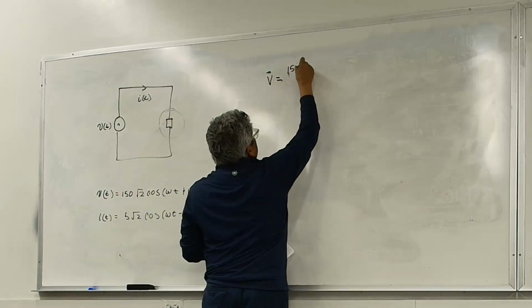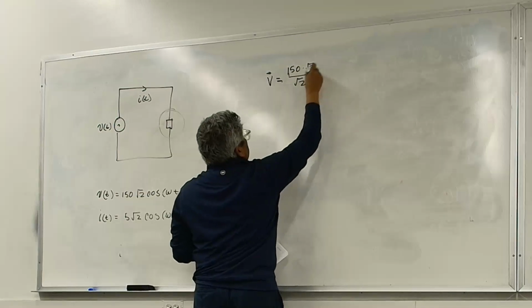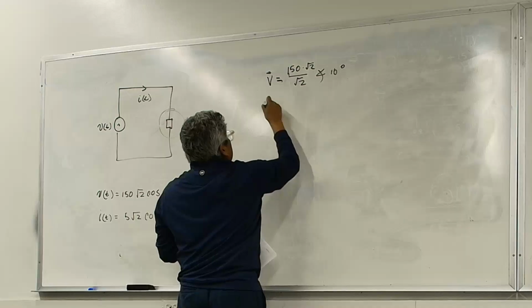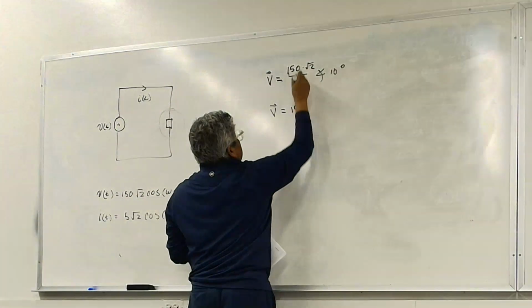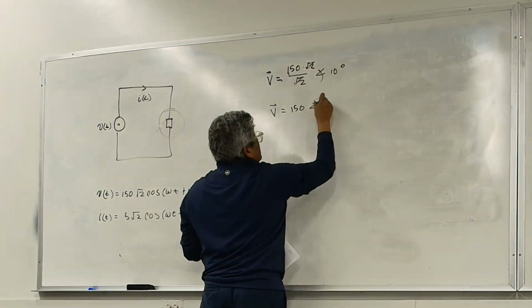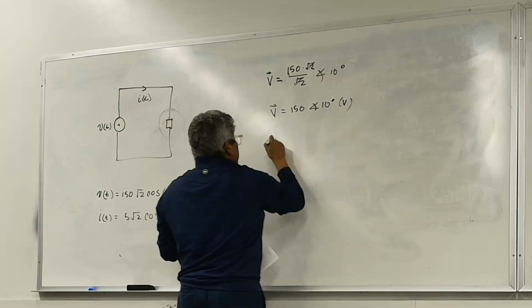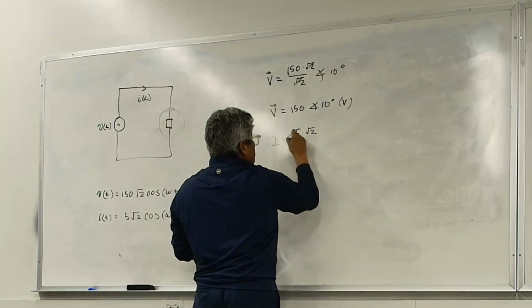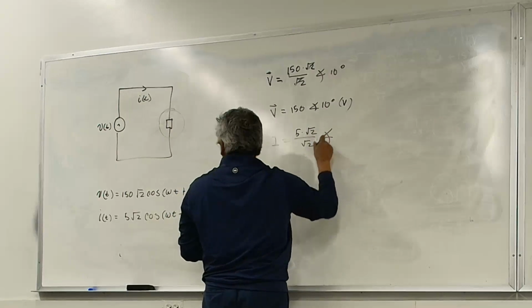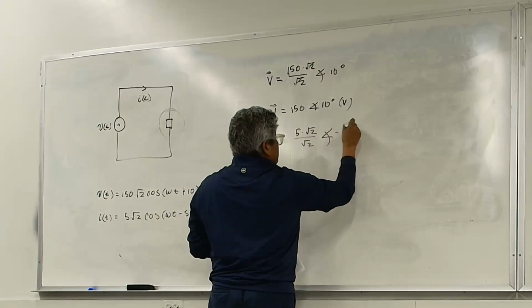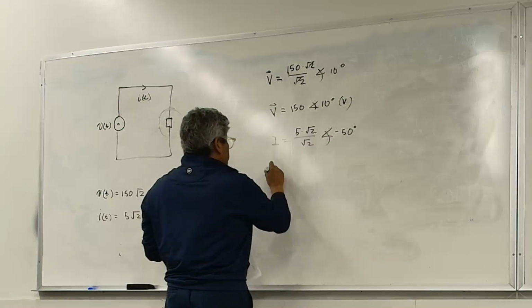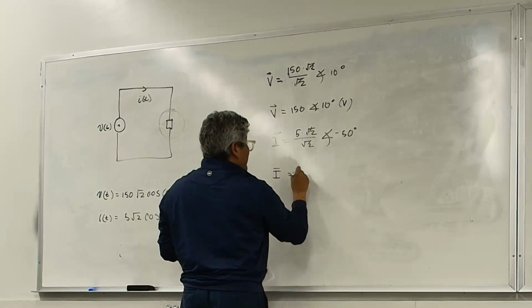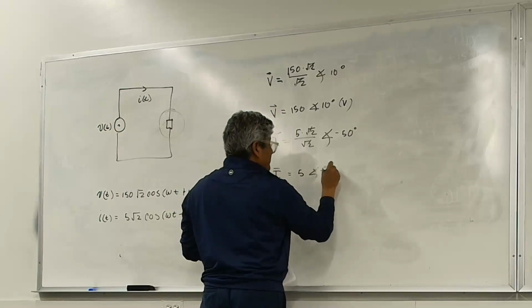150 times square root of 2 divided by square root of 2, angle of 10 degrees. So V is equal to 150, cancel that, angle of 10 degrees, that's my voltage. My current is equal to 5 times square root of 2 divided by square root of 2, angle of minus 50 degrees, so the phasor I is equal to 5 angle of minus 50 degrees.